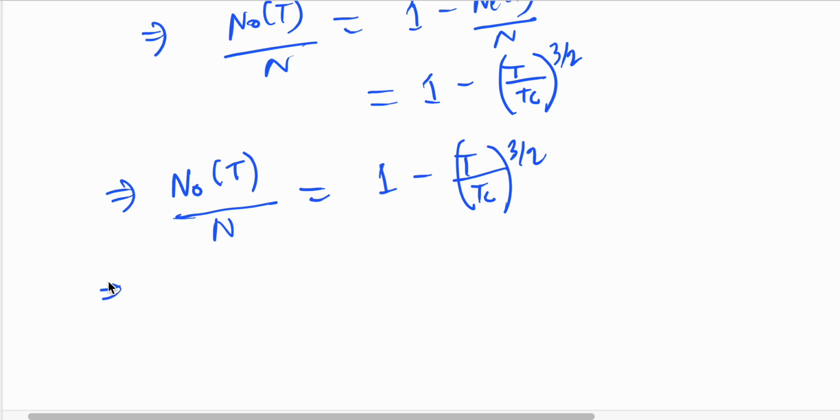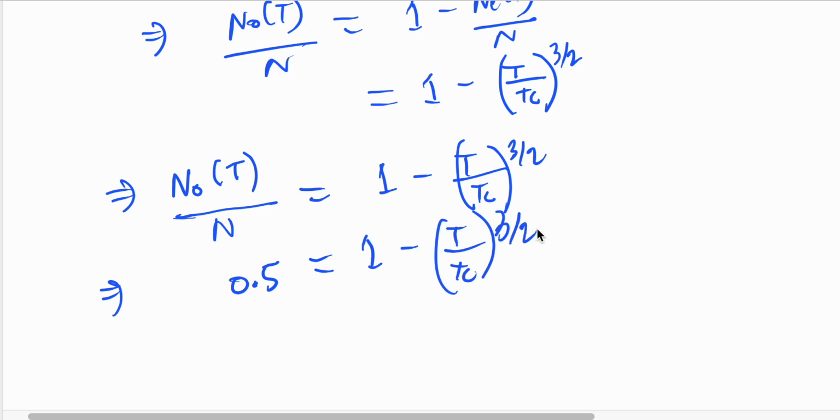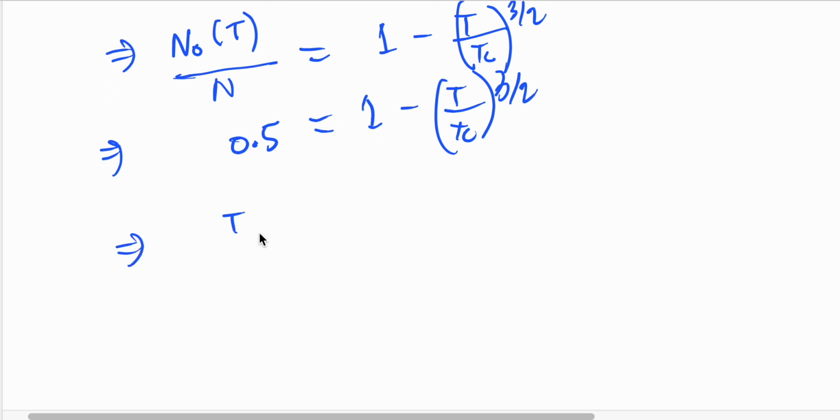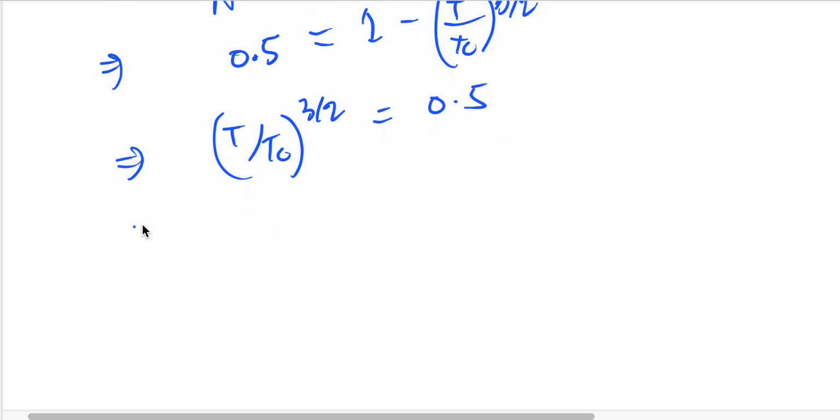So let's check. This is 0.5, that means 1 minus T by Tc to the power 3 by 2 equals 0.5. So T by Tc to the power 3 by 2 is 1 minus 0.5, which is 0.5.